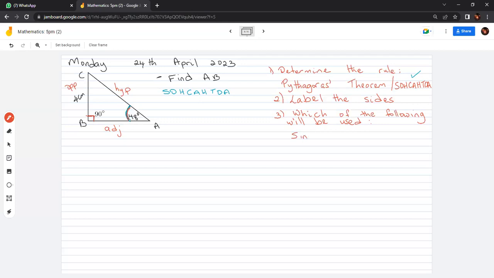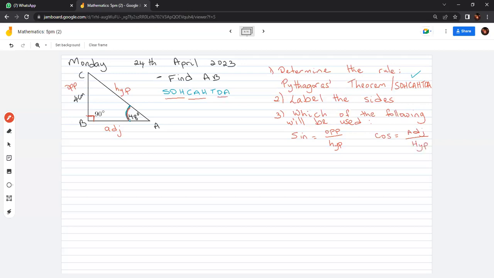Remember, SOH means sine is equal to opposite over hypotenuse. CAH means cos is equal to adjacent over hypotenuse.